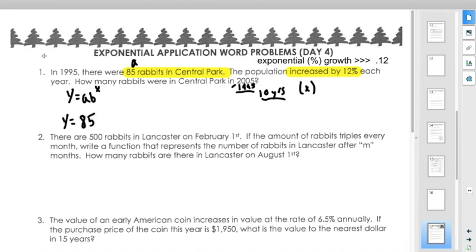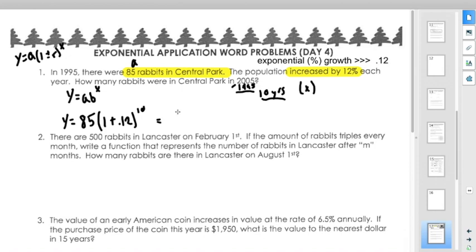My B is either 1 minus or 1 plus r to the x, and r is our percent. If it's an increase, it's going to be plus. The population's increasing, so I'm going to have 1 plus my decimal, 0.12, to the x power, and we determined that x was 10 years.